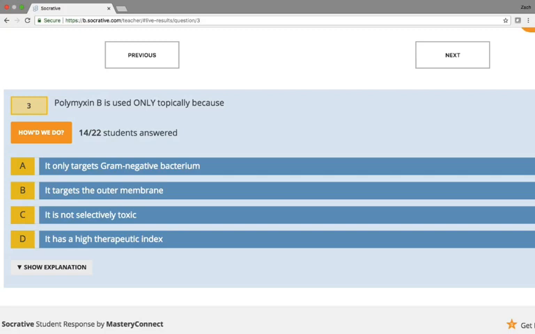Why'd you say C? That's a really good point. They're not toxic to us. And we're able to achieve this because there's enough difference in the genetics and the protein structure between eukaryotic and prokaryotic cells that allow for this to take place.